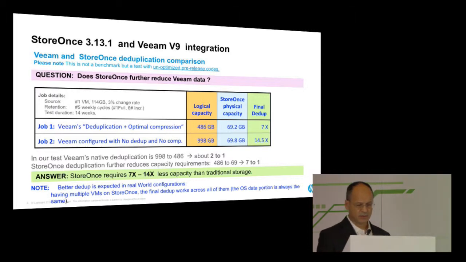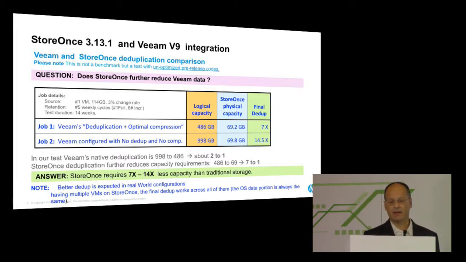So for instance, you can see that in my job, I've used 1 terabyte of data. So it is 998 on a traditional storage. And using Veeam optimal deduplication and compression, that amount of data gets reduced to roughly half terabyte.